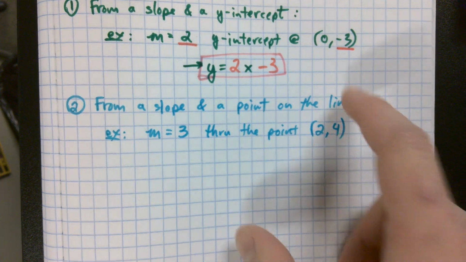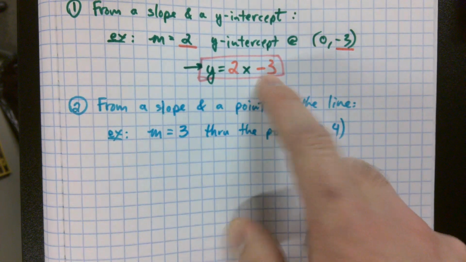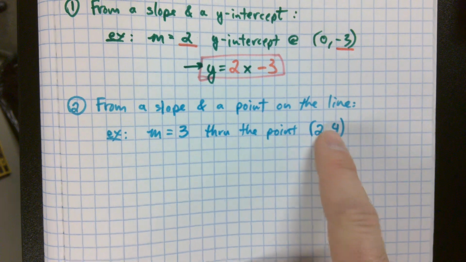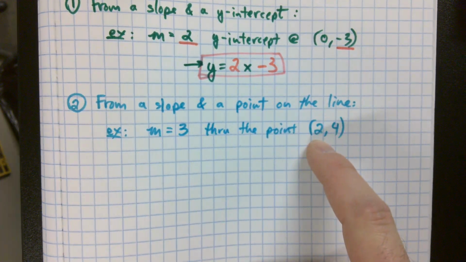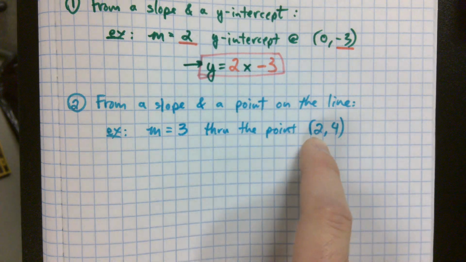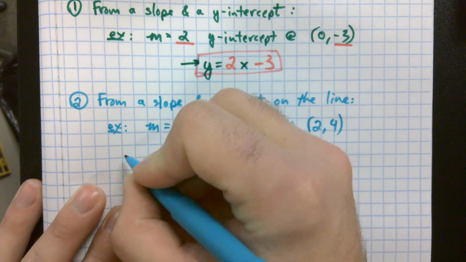Now this one looks a lot like our first method for writing an equation, except the point that we're given is not our y-intercept. So we can't just take the y value and plug it in because our x value is not 0. Right? So we have to do a little bit more work.